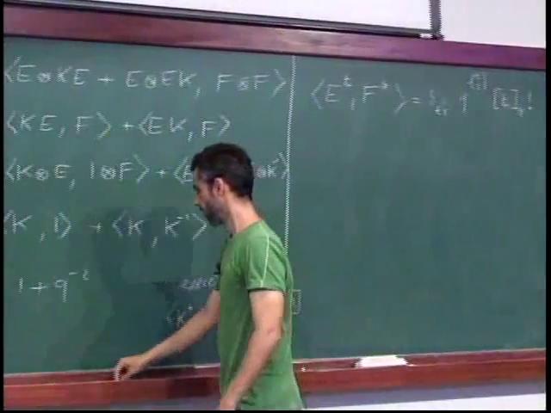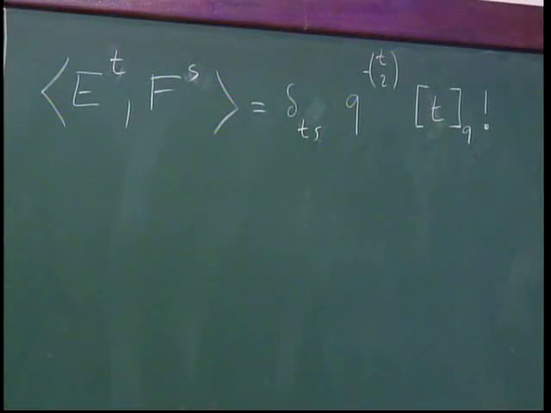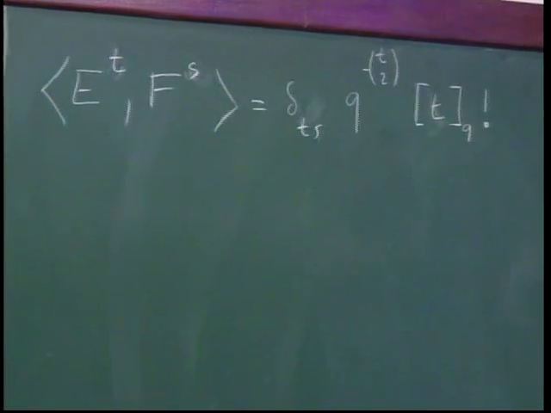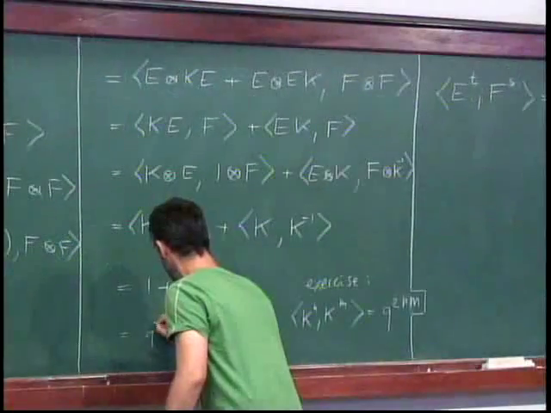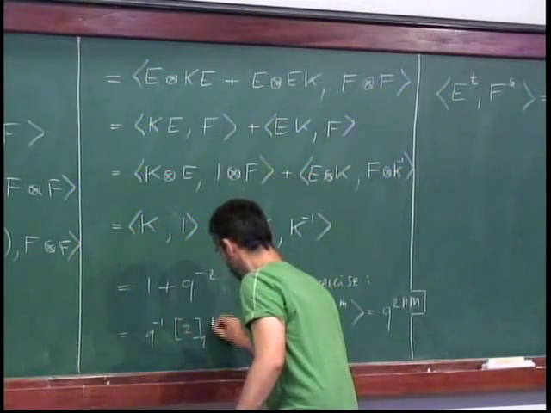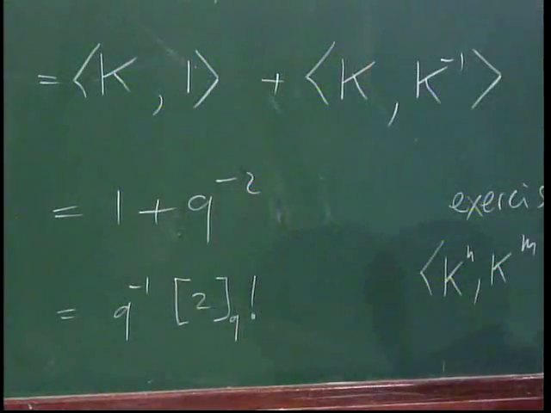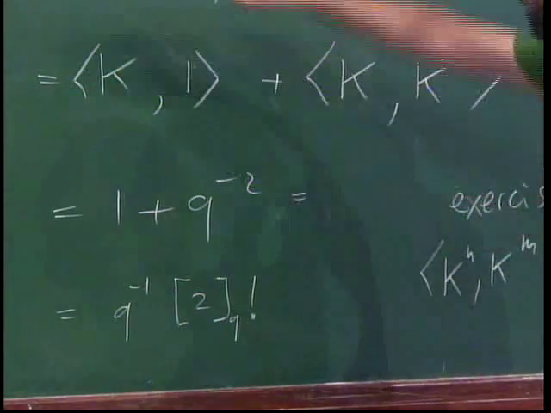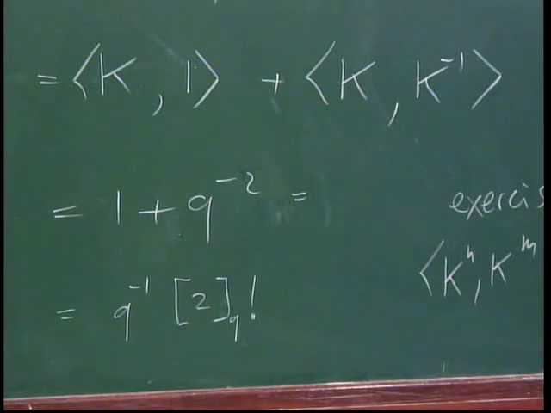So this is actually secretly q inverse times quantum 2 factorial. But, I mean, you couldn't have really guessed that from this computation.